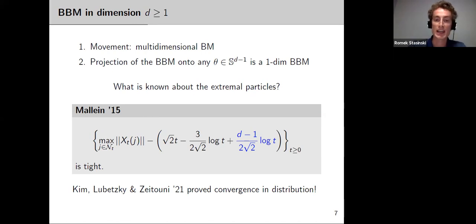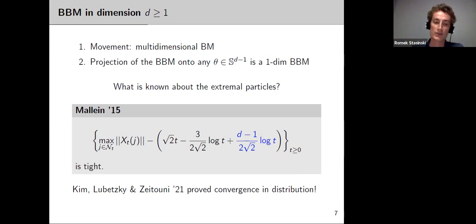And what could we say about the position of the furthest particle of this multi-dimensional branching Brownian motion? First of all, one can easily see that if we look at the expected position at time t, then this position is going to increase in dimension because we basically add more and more degrees of freedom where the maximal particle can fluctuate.